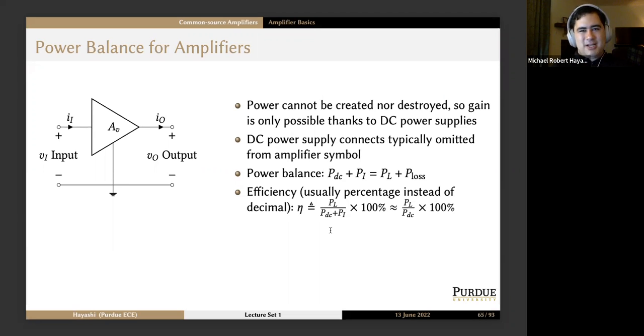It does, because what it's doing is it's translating power from the DC supplies. So it's taking power from the DC biasing and turning it into the load power delivered, as well as losses. So that's what's going on here.